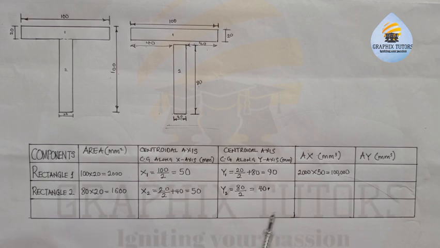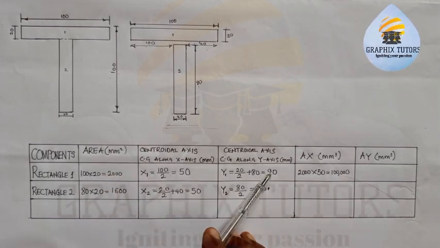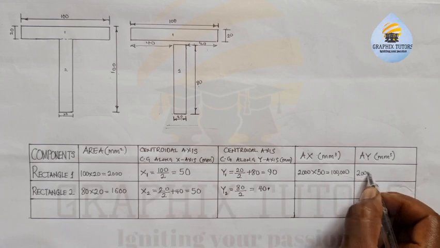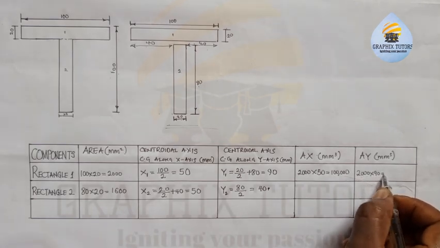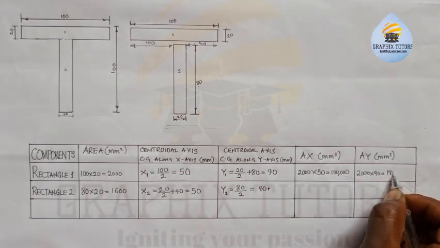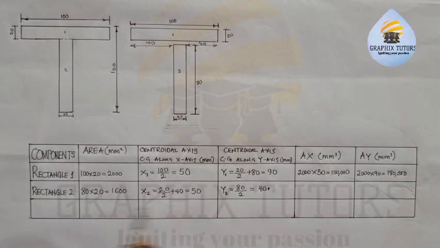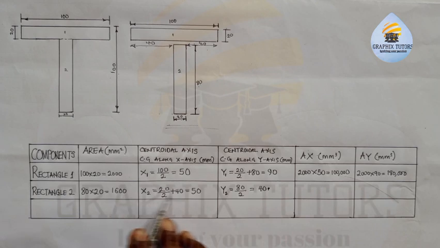The same thing here also, 2000 times 90, and that's going to give us 180,000 millimeter cube.